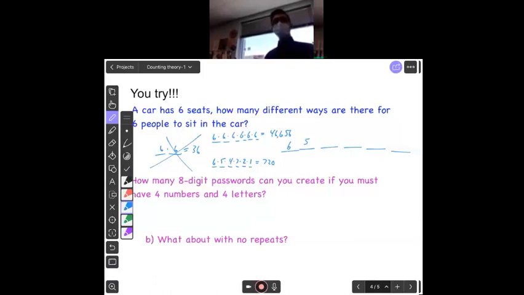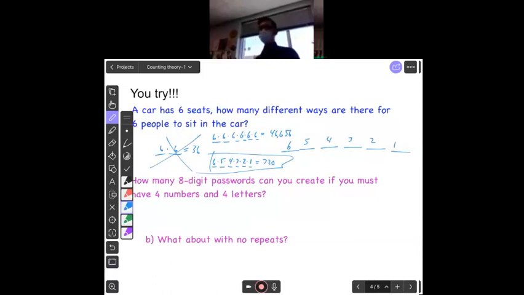How many different opportunities are there for a choice to be made? 6. That first time, how many choices does that person have? Second time, how many choices does that person have? Right? It's changing. Seats keep getting taken. So there's 720 ways to fill that car. You've got to read the context.